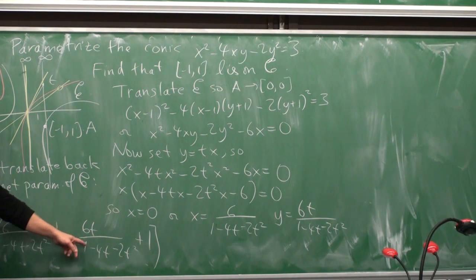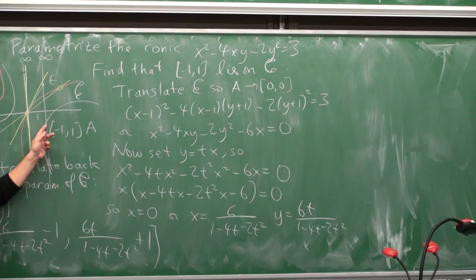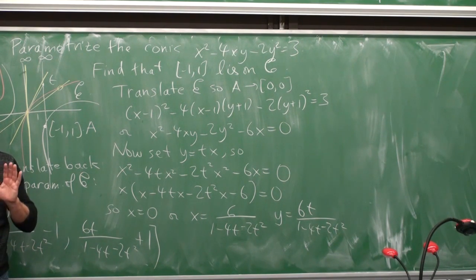And when t is large here, we get 0 here. So in that case, we're just picking up the original point that we're talking about. So the answer is, the full parameterization is obtained by thinking about the projective view where you have to add a point at infinity to the line.